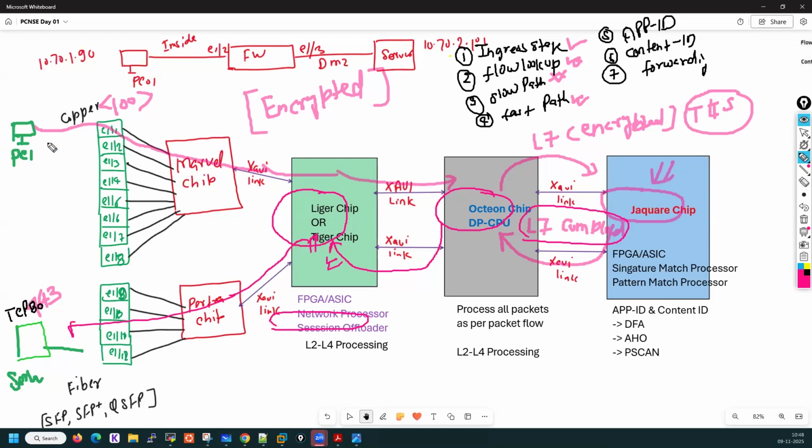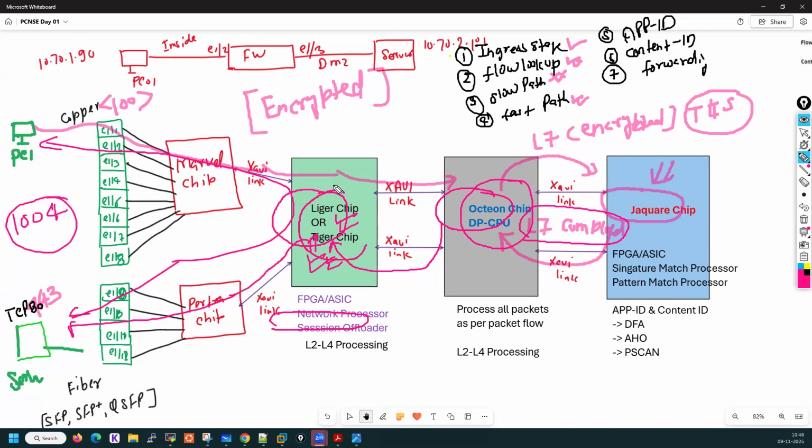Whatever communication happens between this particular client and server going forward, let's suppose the session ID is 1001, for this session all this communication is handled by the Tiger chip only. Those packets will not go to the Octeon chip. Everything is handled by the network processor, which means it is handling the offloaded sessions.